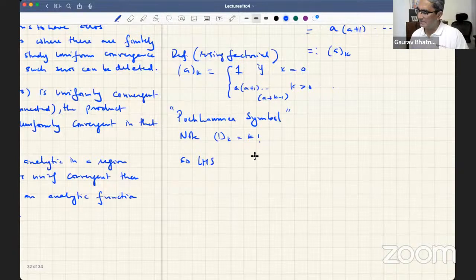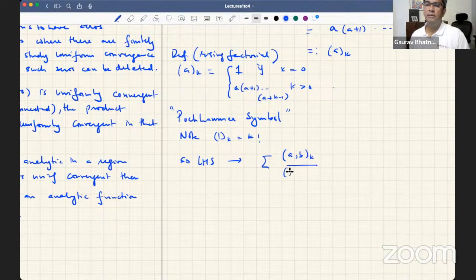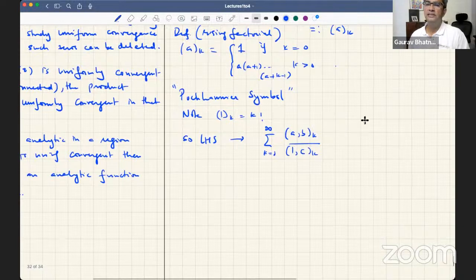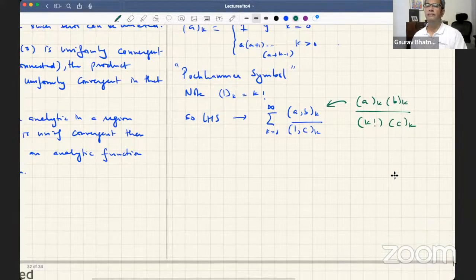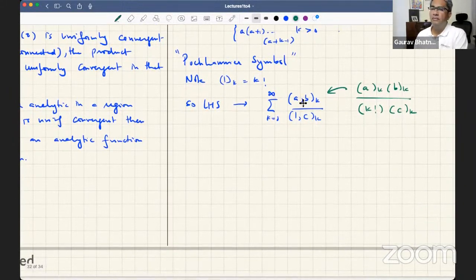So the LHS goes to this Pochhammer symbol now, which is (a)_k (b)_k over k factorial (c)_k. I'm just combining the two like I did in the q-rising case.